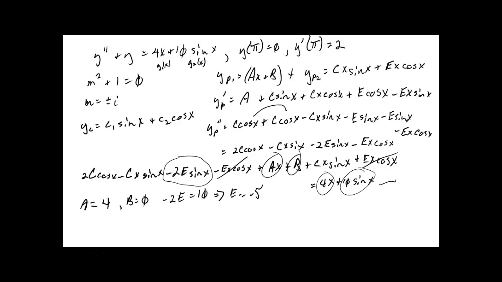All right, no, we're okay. These two do disappear. Cx sine x and C, plus and minus that, those disappear. We got one more variable, and that's your 2C cosine x, and there aren't any here, so that means 2C is equal to 0, which of course means C is equal to 0.